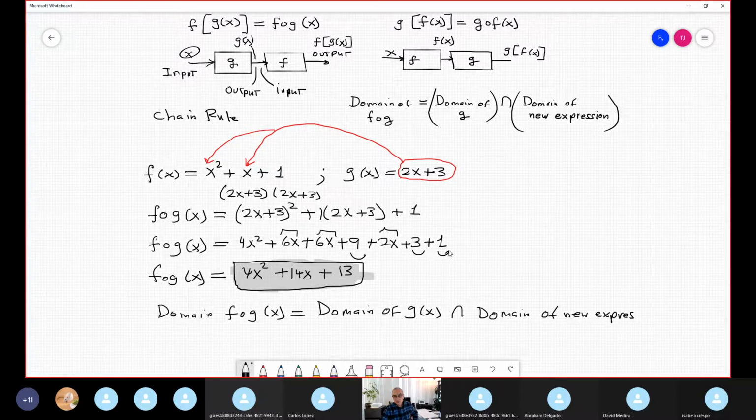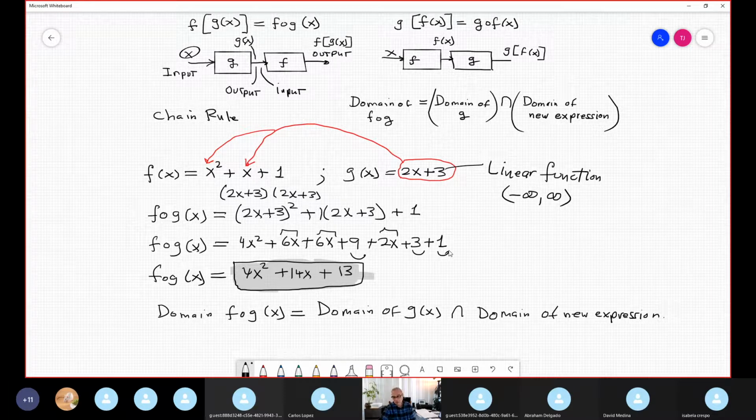Okay, domain in this case is a super elementary problem because the domain of G, okay, G is a linear function. And you know that the domain is all real numbers, no restriction. Remember, we have restriction only when you have fractions or square roots.